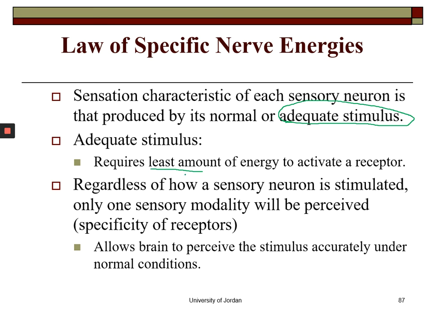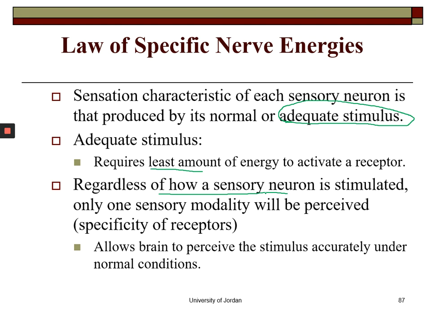Now, regardless of how the sensory neuron is stimulated, sensory neuron مثلا attached to touch receptors. If this sensory neuron is attached to a touch receptor, wherever you stimulate this neuron, it is going to transmit the impulses to the cortex. The cortex will feel it as if it is touch. ما بتفرق.